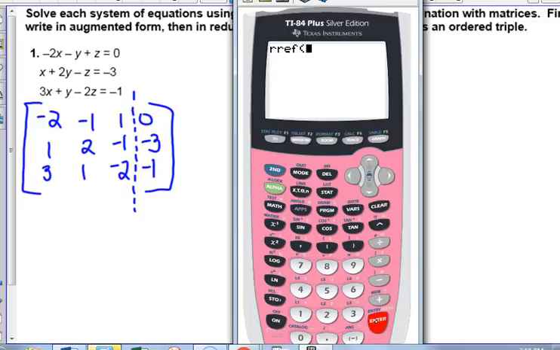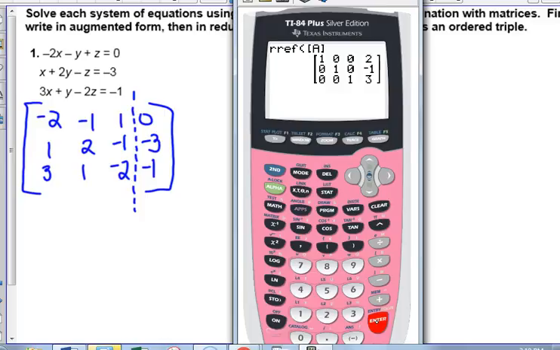You do have to tell it of what matrix, so I stored mine in A. So I have to go back here and just put the name. Second matrix, and then whatever number you have it in. Got it? Then just hit enter. It's a beautiful thing.